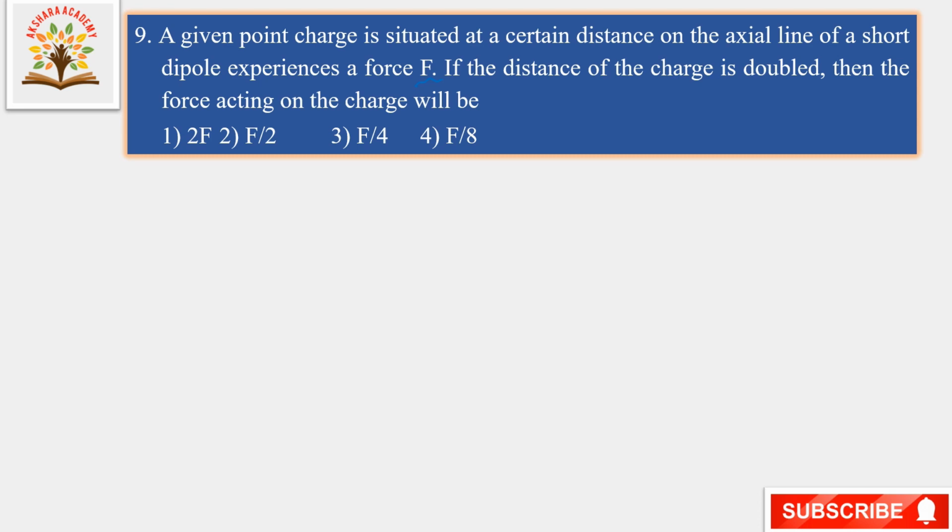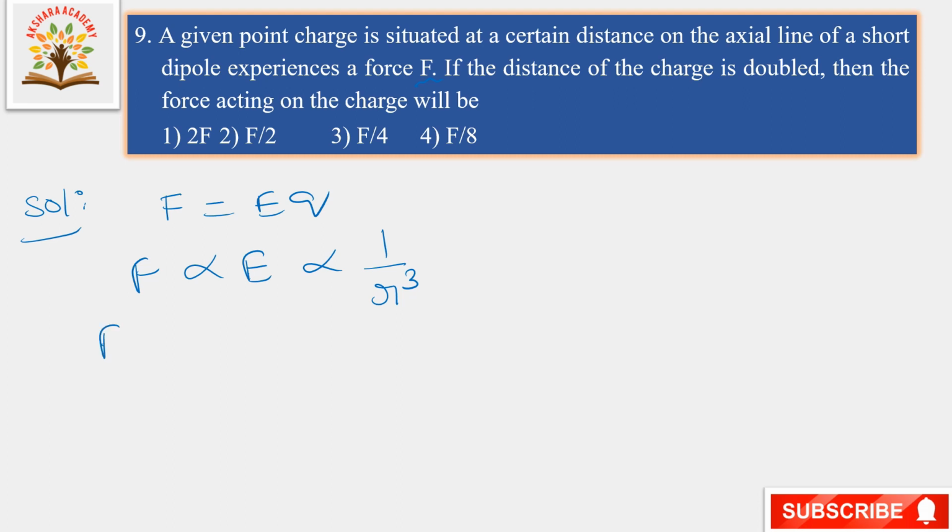Given F is equal to E into Q. Here F is directly proportional to E, and E is inversely proportional to the cube of the distance. So this can be written as F1 by F2 is equal to R2 by R1 whole cube.